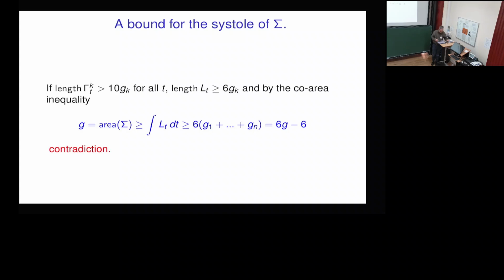Okay, so let's say that the length doesn't do me the favor of being small, and it's big, right? Well, the length of this graph, say, is big. Then the length of LT has to be at least greater than 6GJ, right? Because remember, my graph had a part, so this goes LT, the union of those LT, and the arcs that I added, and I was careful to add the arcs on the next slide.